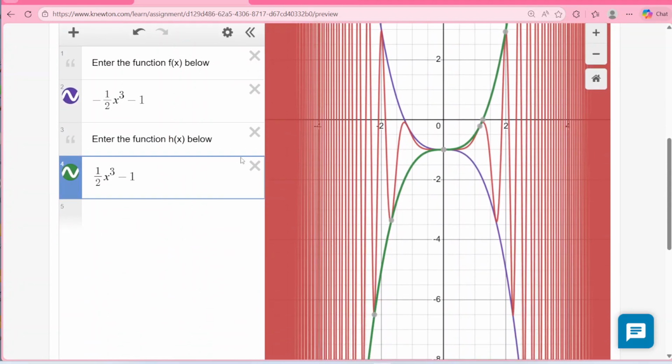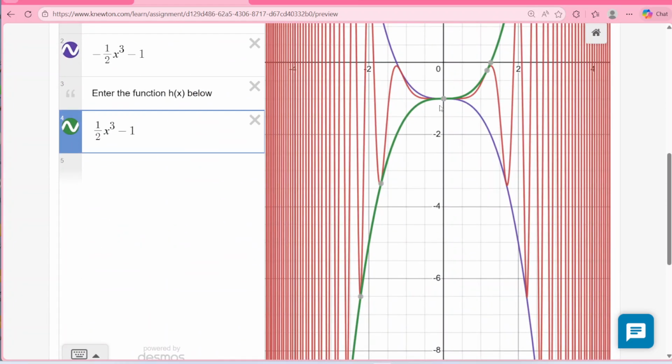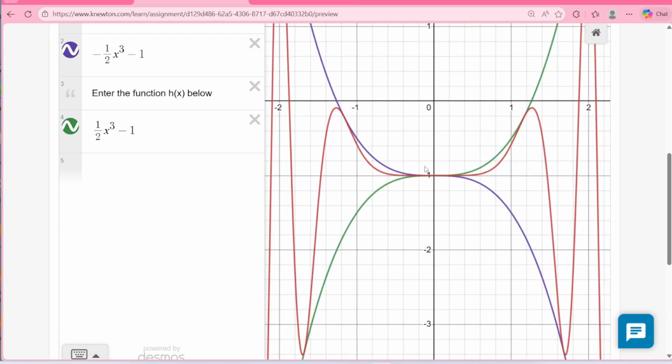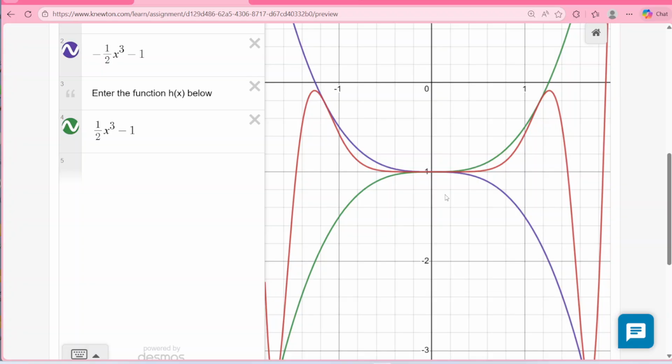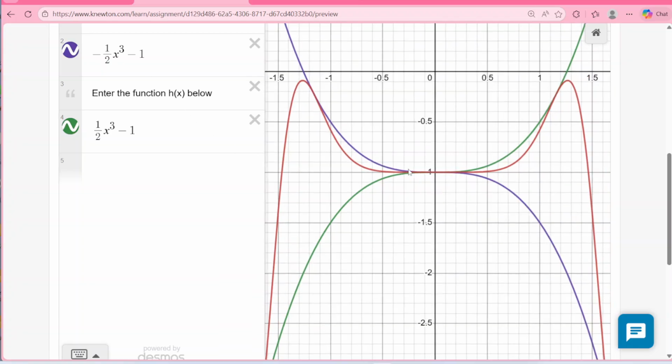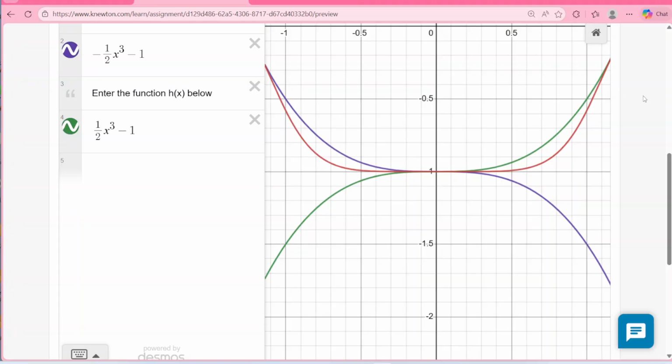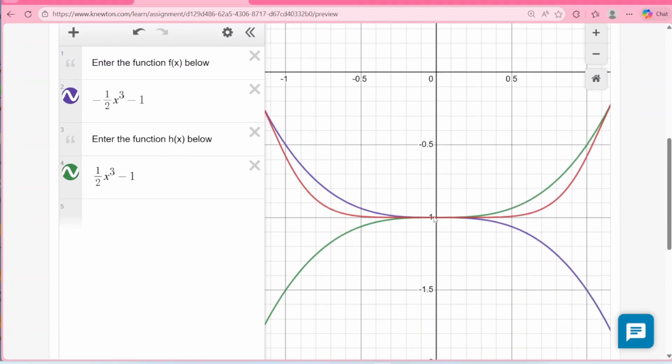It says, does the squeeze theorem apply? I'm guessing near 0, because if you zoom in here near 0, you see how that red graph is between the blue and the green near x equals 0 here? And you see the blue and the green are both going to the same location, the point 0, negative 1.